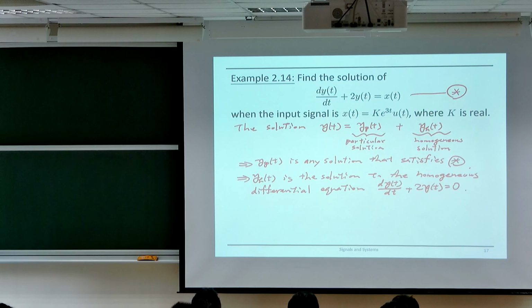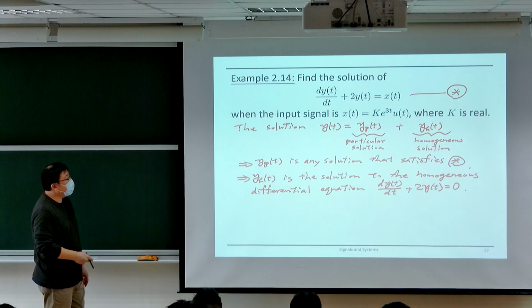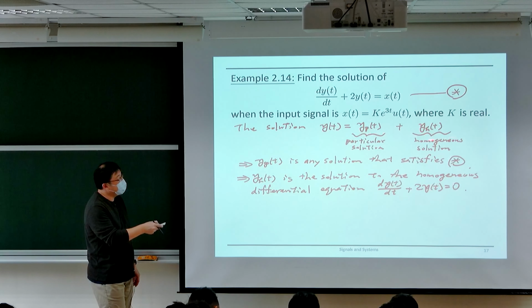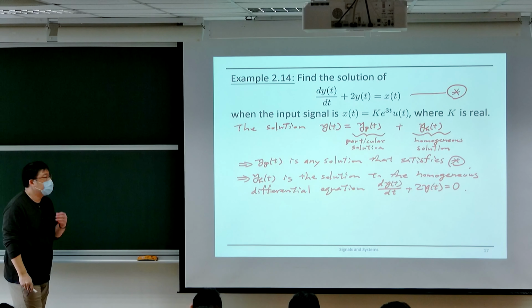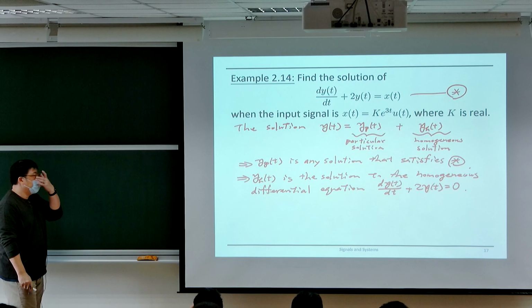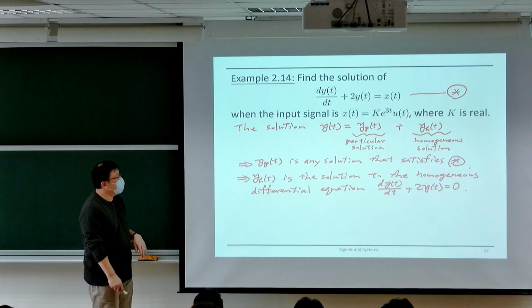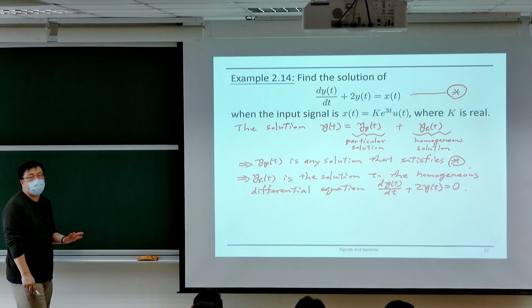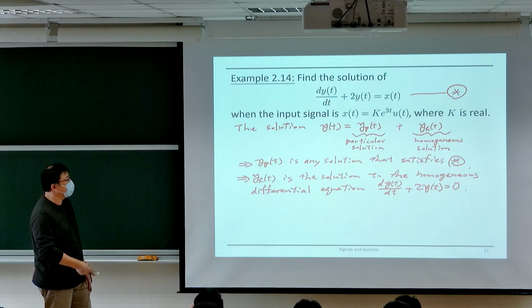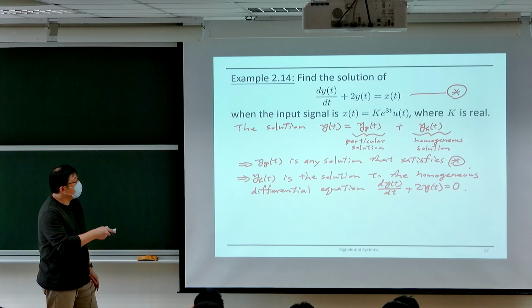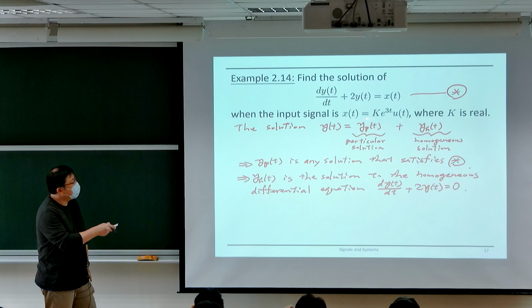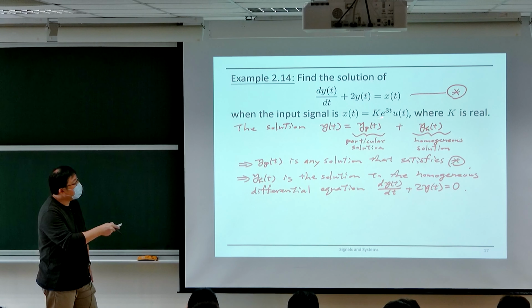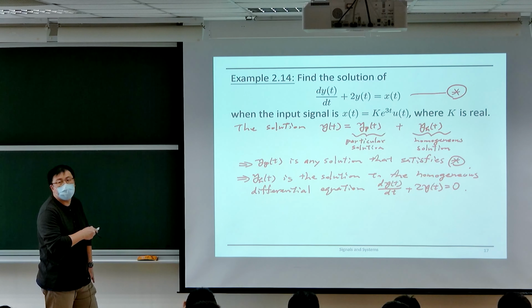Okay. So then the question is how to find this particular solution and a homogeneous solution. Now this requires a little trick or a little bit of understanding of solutions of this type. So typically, suppose that the input x of t takes on this exponential form, at least for t greater than 0.